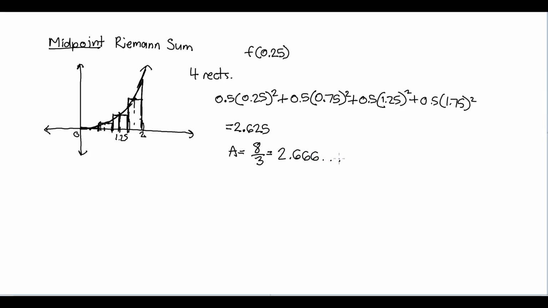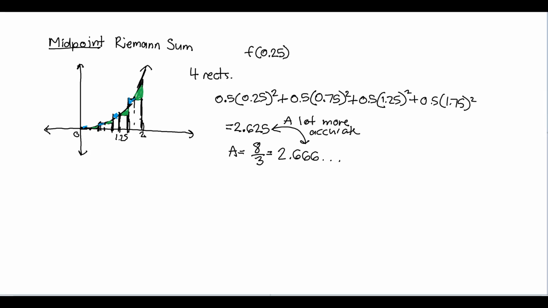So now you can see it's a lot closer. It's a lot more accurate. And the reason being is that you have a fair balance of outside area and inside area that is neglected. So the errors will sort of cancel out in the process.